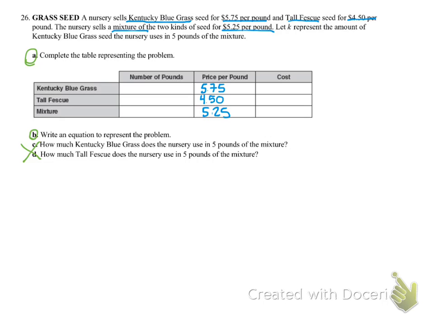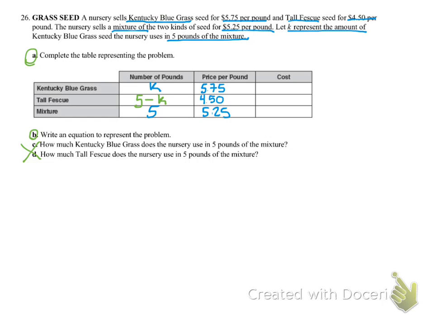Now it says let K represent the amount of Kentucky bluegrass. We're going to put in a K for Kentucky bluegrass that they use in 5 pounds of the mixture. So the mixture is 5. If we know the total amount, the mixture, and we know that K is the Kentucky, if we do the total minus the Kentucky, we will be left with the tall fescue.